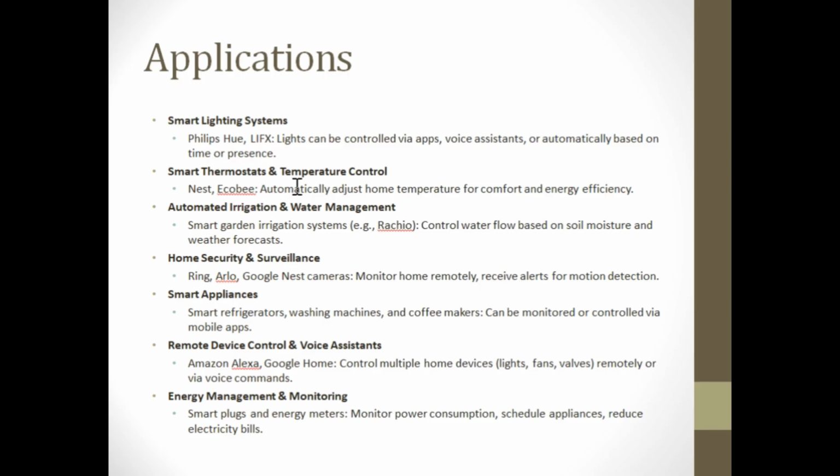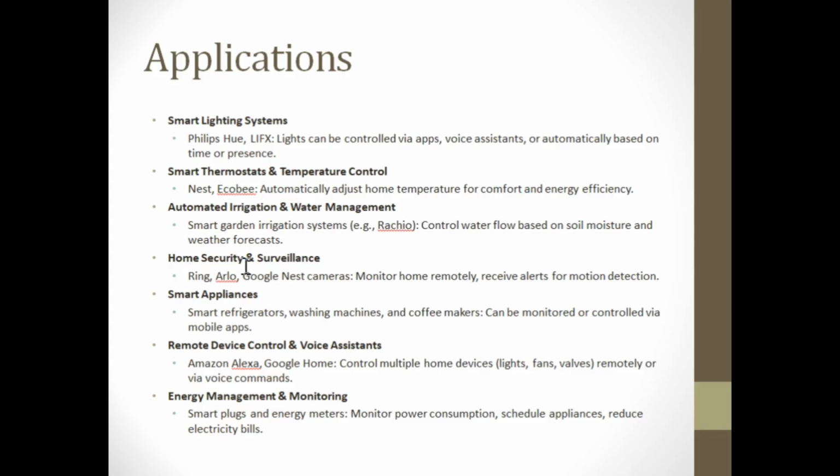Smart thermostats and temperature control: Nest and Ecobee automatically adjust home temperature for comfort and energy efficiency. Automated irrigation and water management: smart garden irrigation systems control water flow based on soil moisture and weather forecast.